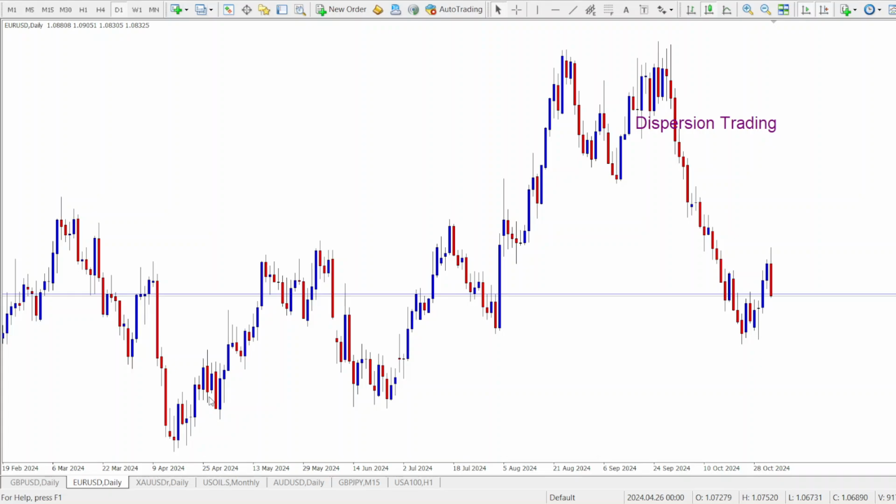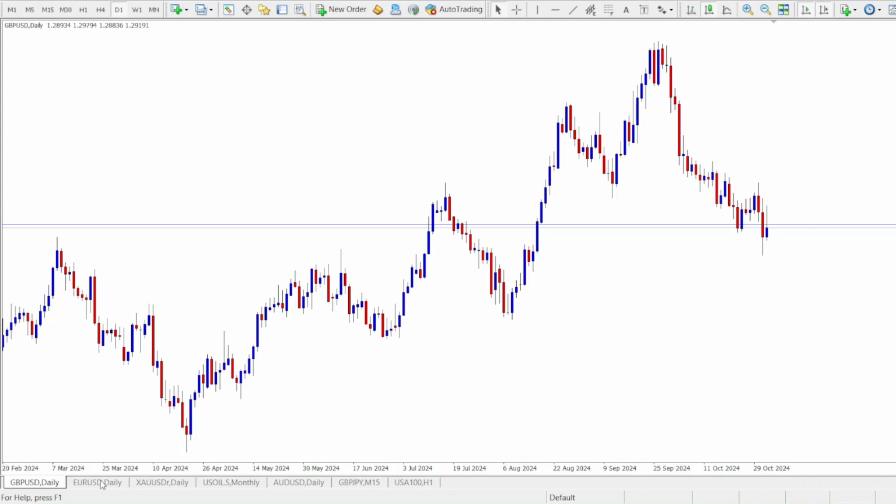So let's break down how it works in Forex trading. Dispersion trading involves multiple steps. You start by analyzing the correlations and volatilities of different currency pairs. This means identifying pairs that tend to move in sync or have similar volatility patterns, as we just identified between GBP USD and Euro USD.